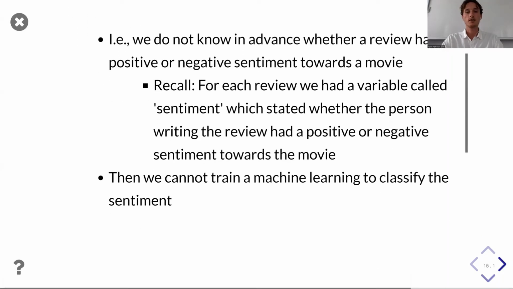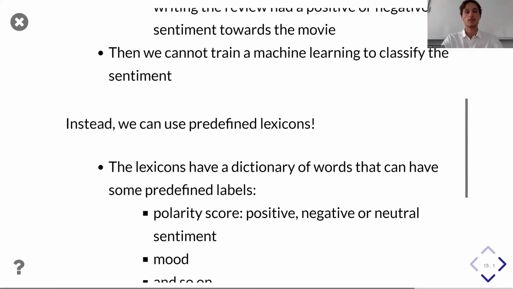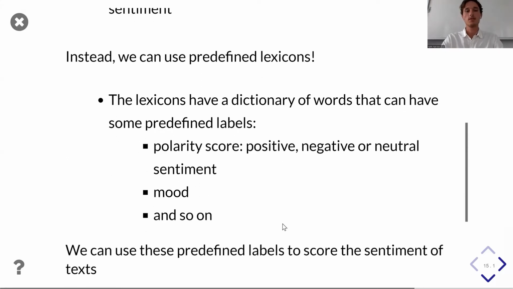If we don't know that, we cannot train a machine learning model to classify the sentiment. So what can we do instead? We can use these predefined lexicons. What these lexicons do is that they have a dictionary of words that can have some predefined labels.